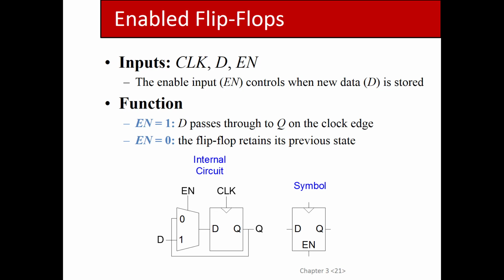Flip-flops, I don't know if I got this far last time. Flip-flops can also have an enable input, which is kind of common. So the problem is that the clock is always going. The clock is this periodic signal, but sometimes you want to be able to capture a value in a register or a flip-flop, but you want to hold on to it across multiple clock cycles, right?